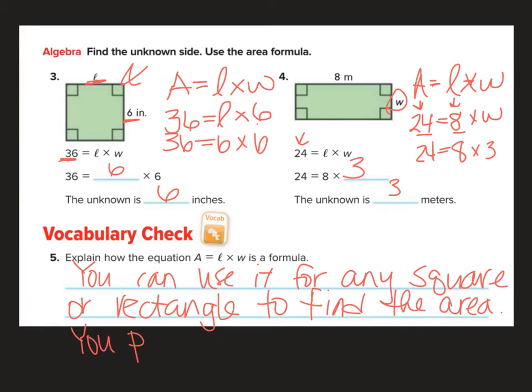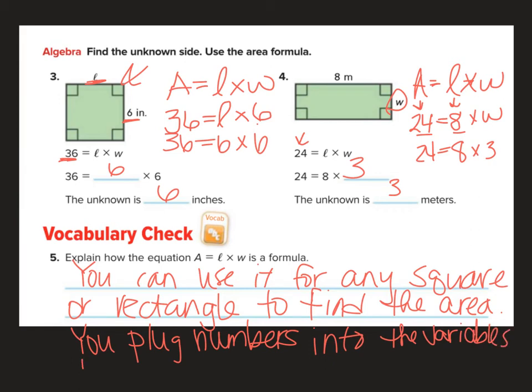You plug numbers into the variables. Variable is a fancy word for a letter, right? Into the variables to find the missing quantity. Sure, we'll put quantity because that's what they like to use.